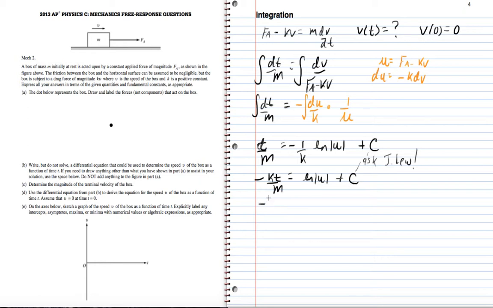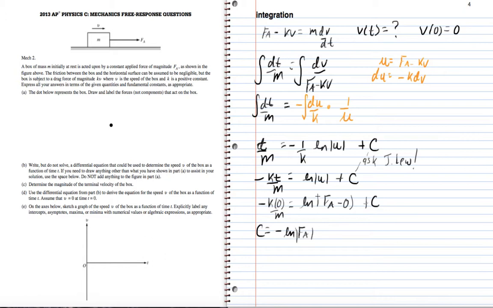So I'm going to have negative k times 0 over m equals natural log of, let's swap out the u for what it is, that's going to be Fa minus 0, plus c. So my integration constant is negative natural log of Fa.